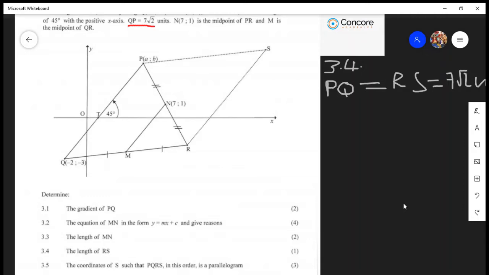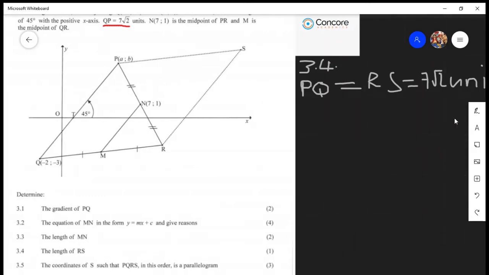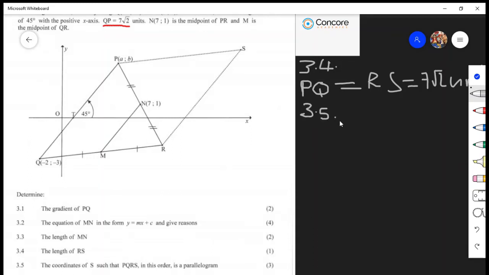So for question 3.5, we want to calculate the coordinates of S such that PQRS in this order is a parallelogram. To calculate the coordinates of S, you can see that we've got Q to N, which is half a diagonal, then we've got Q until S. Let me just draw this line properly.